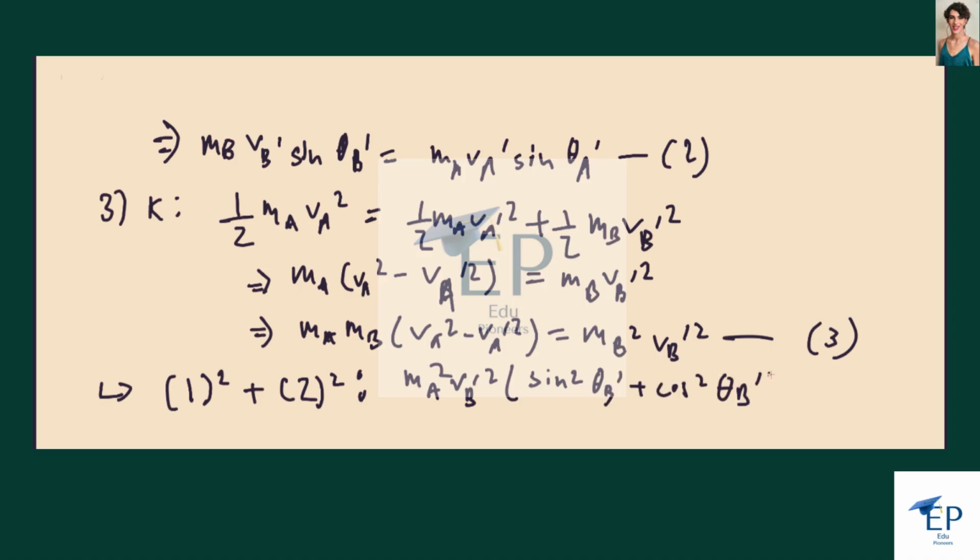So sine squared plus cosine squared of an angle is equal to 1. So this whole thing is 1. And that is equal to (MAVA minus MAVA prime cosine theta A prime) squared plus MA squared VA prime squared times sine squared theta A prime.